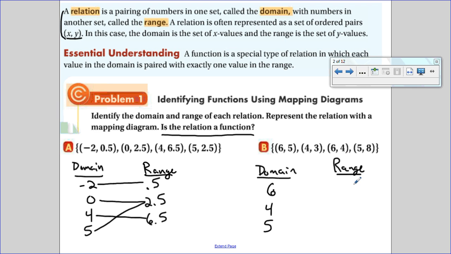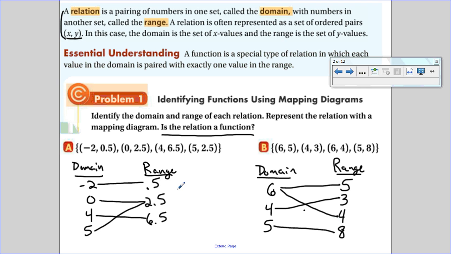Our range is 5, 3, 4, and 8. And then again, you just match up the numbers. So 6 went with 5, 4 went with 3, 6 went with 4, 5 went with 8.